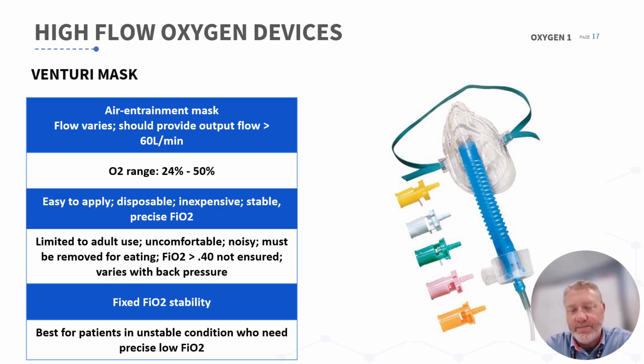Those entrain air, and these little adapters here create what's called the Bernoulli effect with regard to directional flow. So the total flow of the device for a Venturi mask is never the flow that is set on the flow meter.